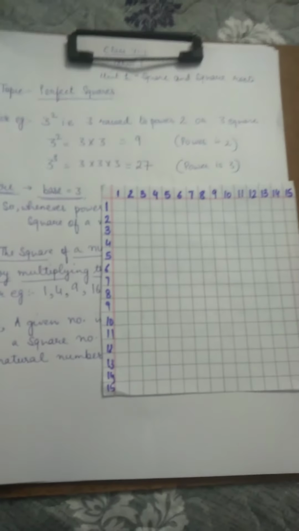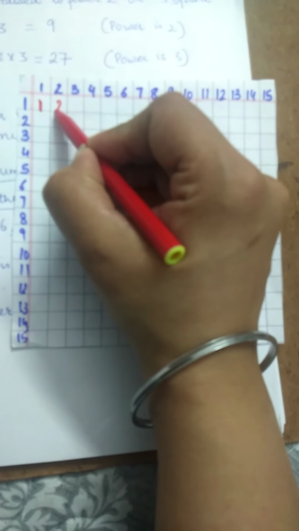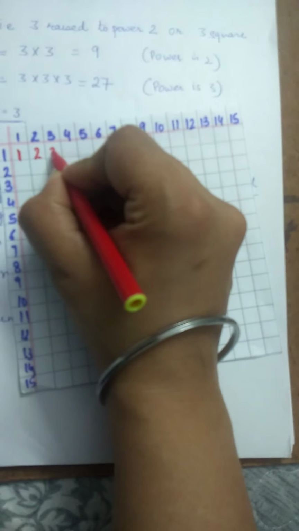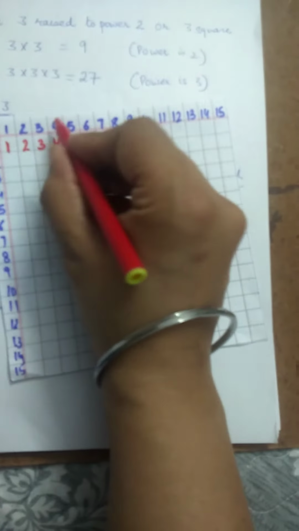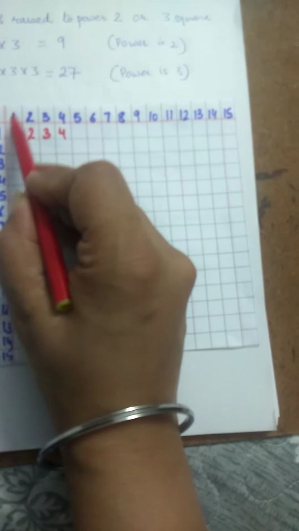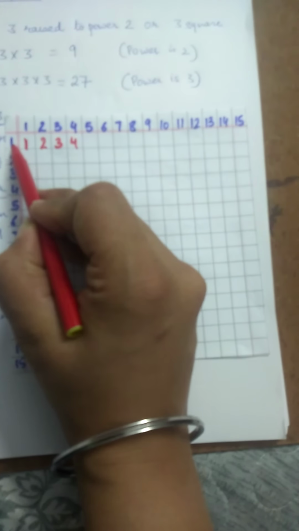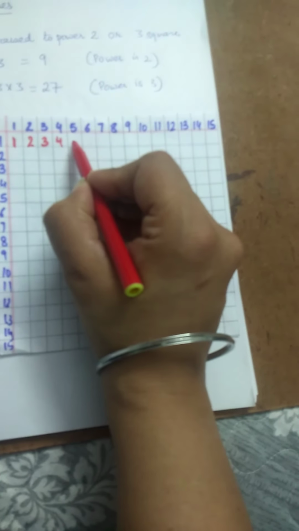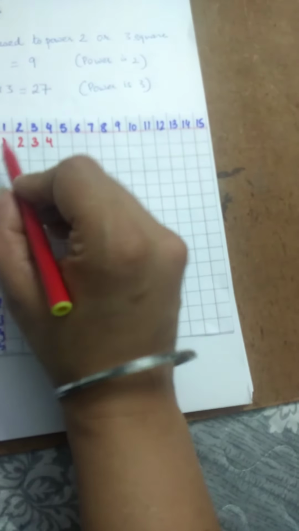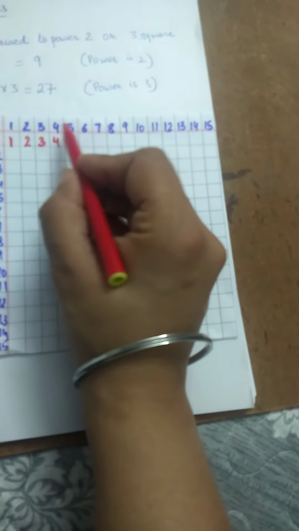Now we are going to multiply the two. Let's see how we are going to multiply. 1 ones are 1, 1 twos are 2, 1 threes are 3, 1 fours are 4, corresponding the digit from the row to the column. So if I'm standing here, I'll be multiplying the number of my row with the column.